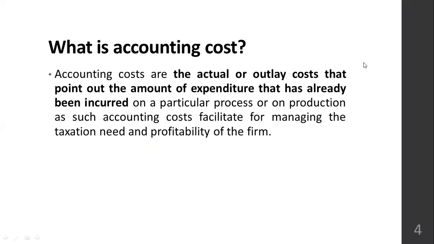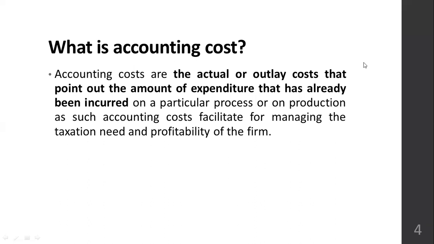Accounting costs are the actual or outlay cost that point out the amount of expenditure that has already been incurred. For example, just imagine you want to set up a clinic. You have leased out a property.